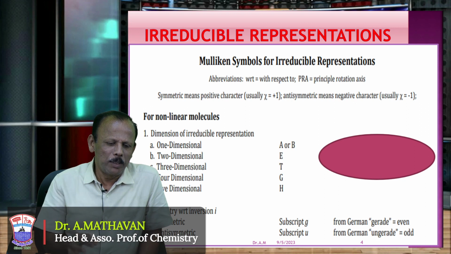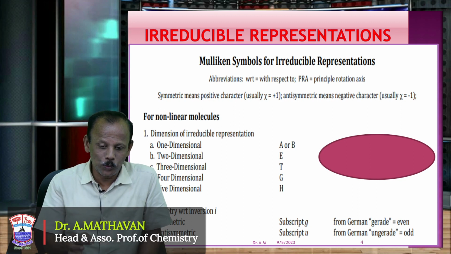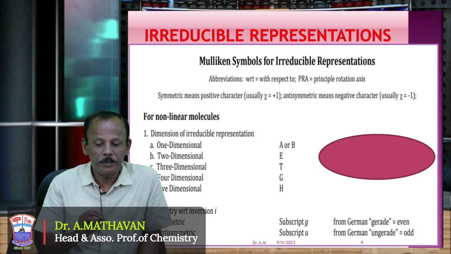Similarly, for a molecule having inversion or a center of symmetry, if the character corresponding to i is +1, it is symmetric and the subscript g is used. g means gerade, that is even.